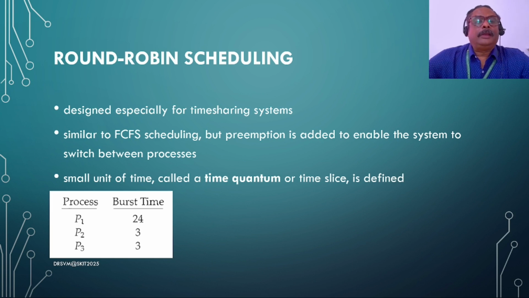Now if we change this and make the whole thing a preemptive type, that means each process gets its own turn on a cyclic basis for a period of one time quantum.